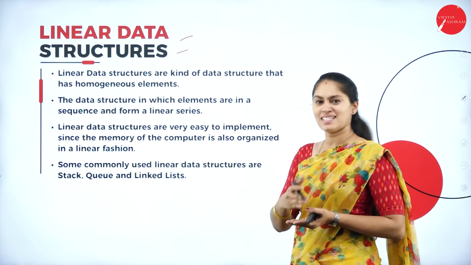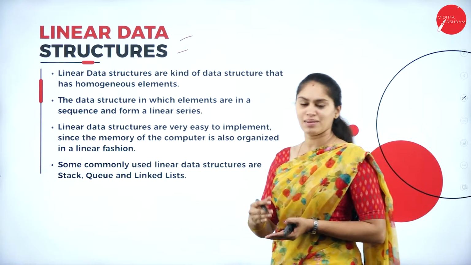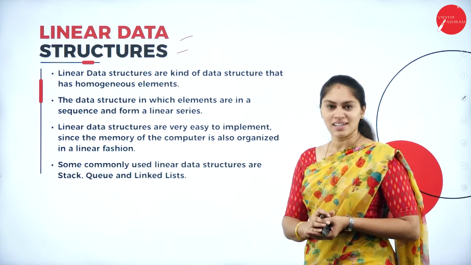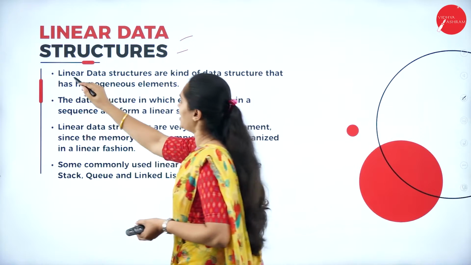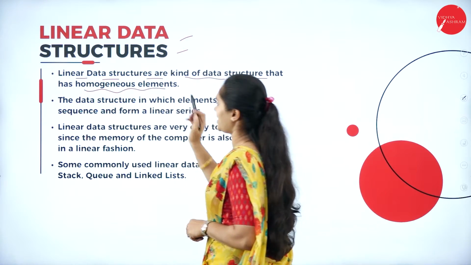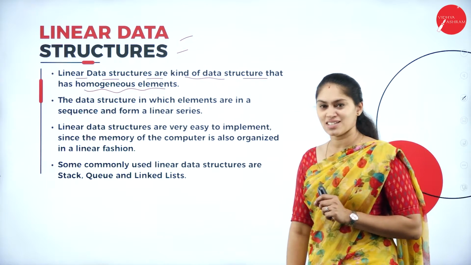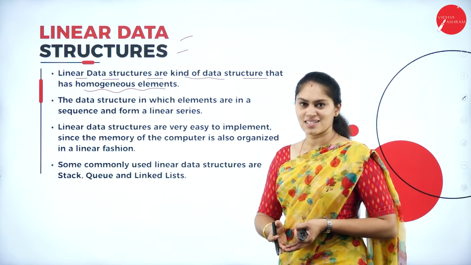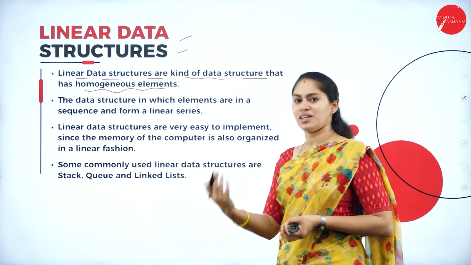As the name indicates, linear in the sense what? It will be in sequential order. The memory allocation will be in a continuous manner here. So linear data structures are a kind of data structure that has homogeneous elements. Homogeneous in the sense what? The same kind of elements will be there in the linear data structure. It will not have different kinds of elements.